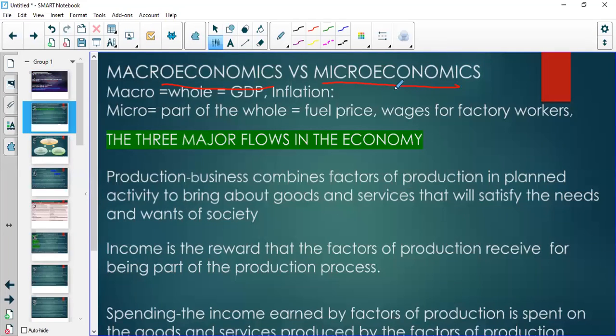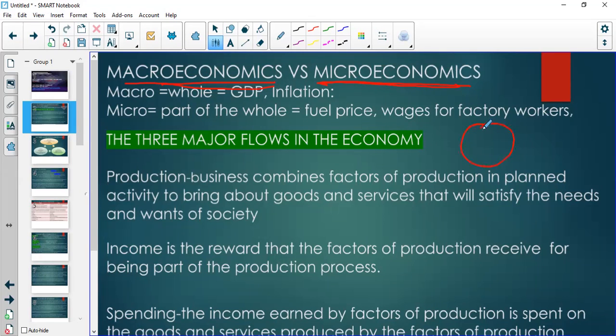So when we talk of macroeconomics, it's not just the economics of a country, of a nation. Or when we talk of microeconomics, we're not just referring to the economics of an individual person or an individual company.